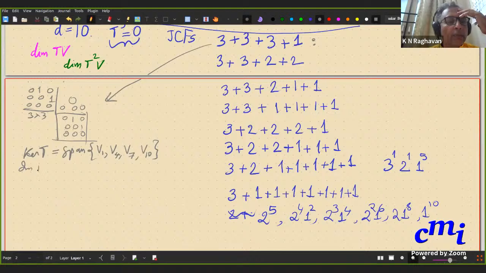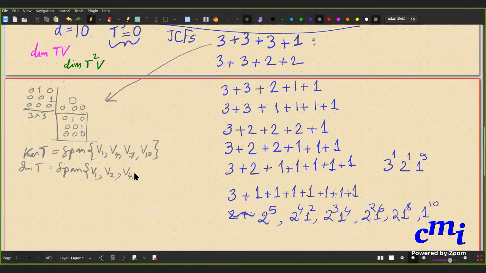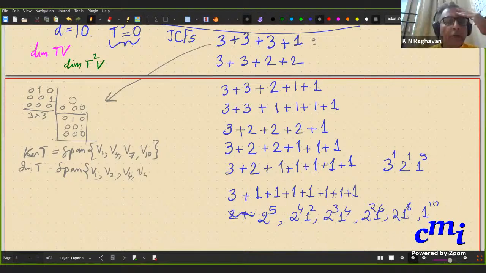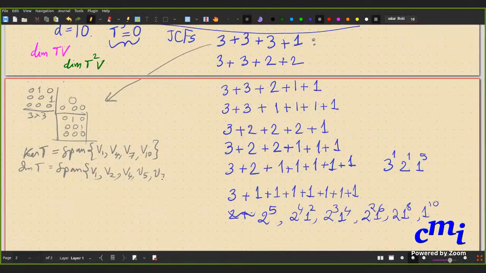Image of T is the span of, and this is what we are doing now, V1, V2, V3 is missing, V4, then V5, V5 very good, V7, V8, V8 very good.